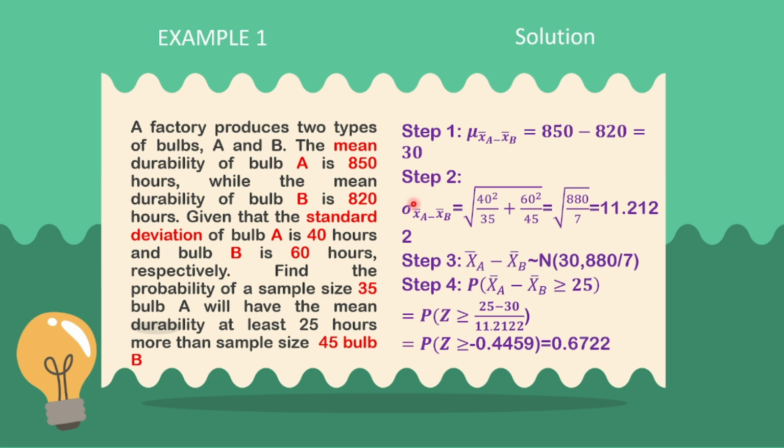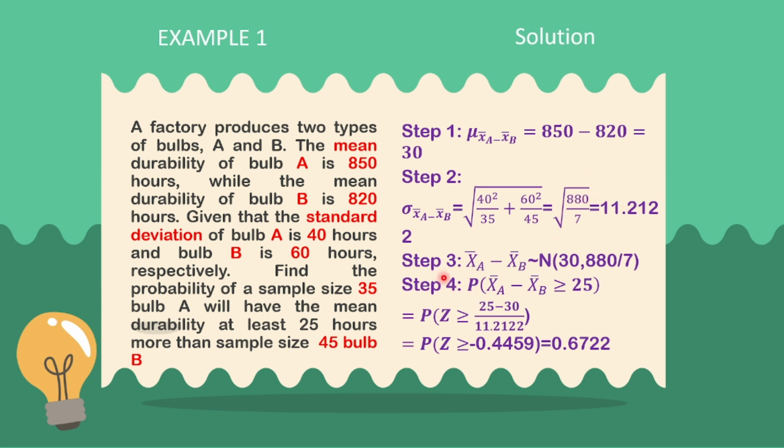Step 2, the standard deviation of the difference between sample mean A and sample mean B is the square root of 40 squared divided by the sample size of A, 35, plus 60 squared, because this is sigma squared, divided by the sample size of bulb B, which is 45. Then we get the result here.